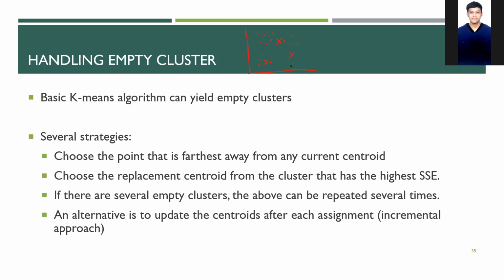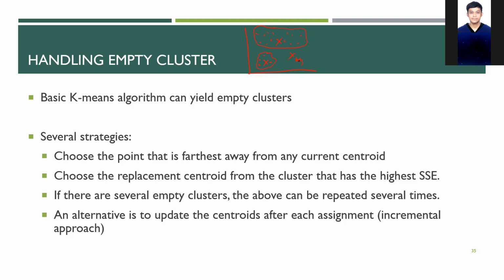Then we assign the data to the nearest centroid. So maybe this becomes one cluster, and this becomes one cluster. The third centroid, M3, is very far away from the other data, so no data is assigned to this centroid.